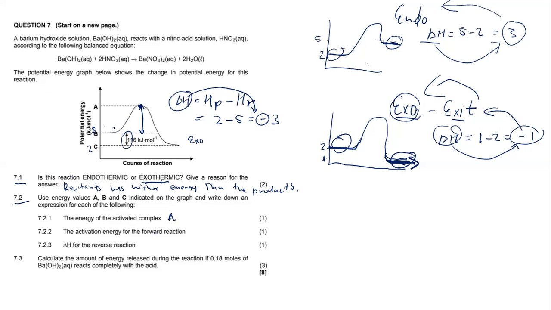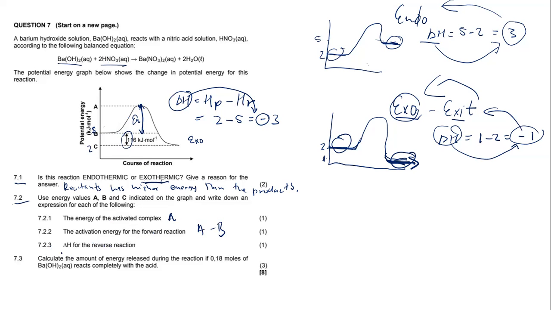We want to break the molecules between barium hydroxide and nitric acid. When we break the atoms between these, we're going to need this energy from the reactant side, from there to there. So this is what we call the activation energy, meaning this interval over there, which is A to B, we call that the activation energy of the forward reaction.